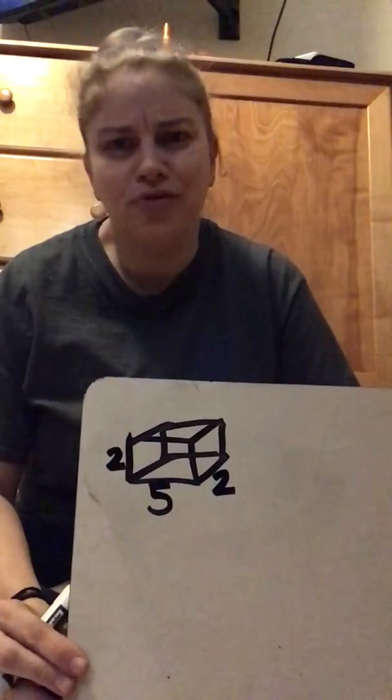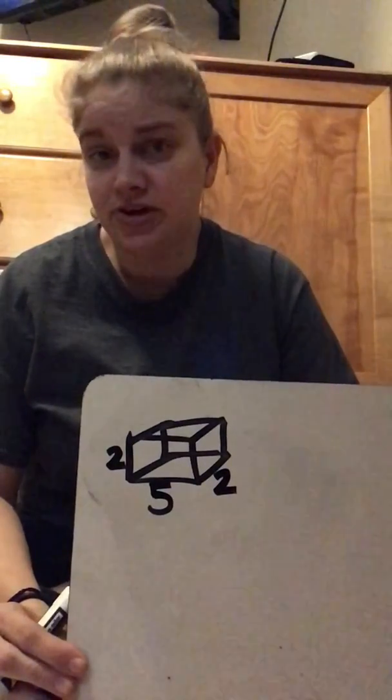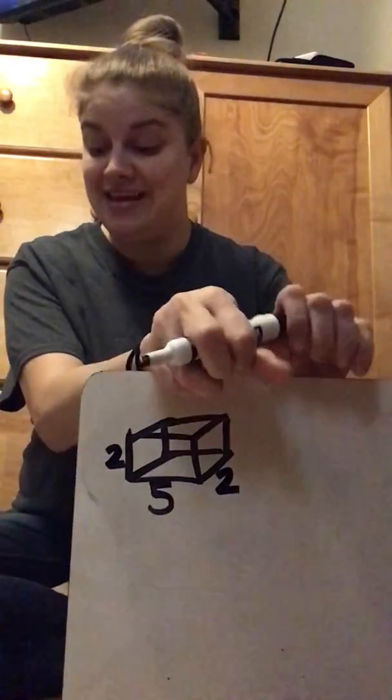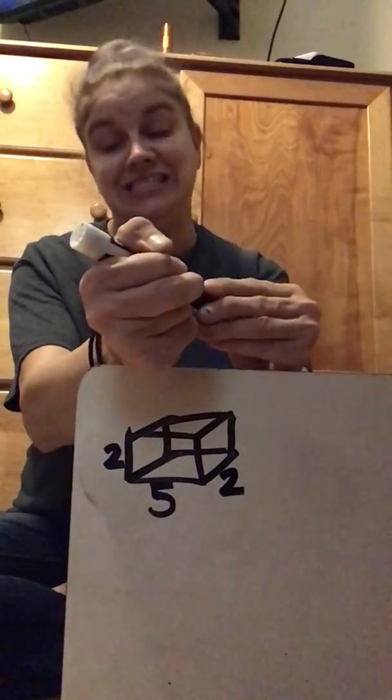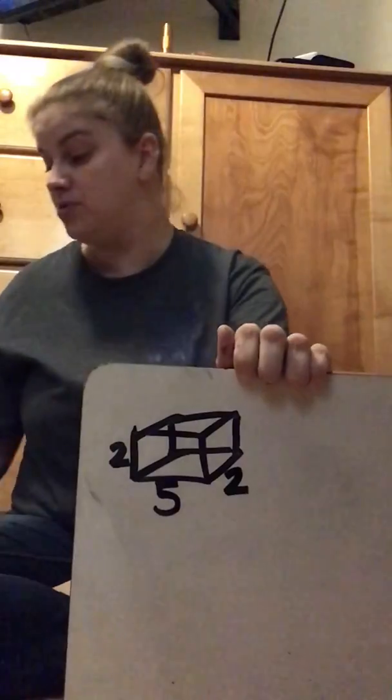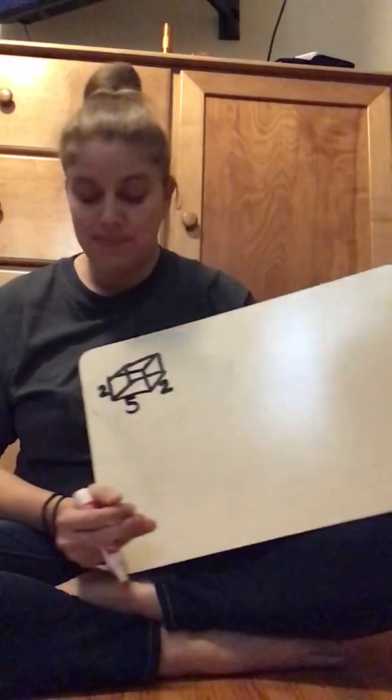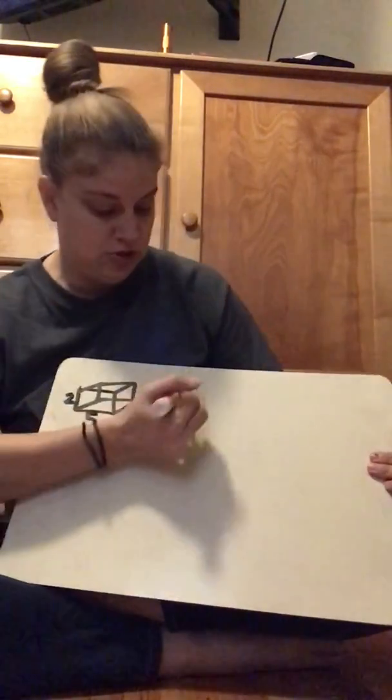Okay, so that's what it looks like. And you can probably refer to it better in the picture that you have in front of you. So the very first thing is we're going to find the area of the front and the back. Remember, those two are the same. The front and the back are the exact same. So to find the area of the front and the back, I would do 5 times 2.